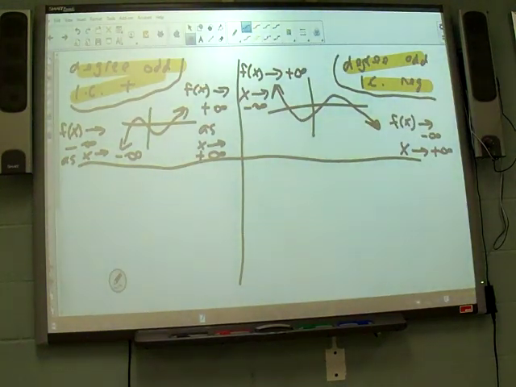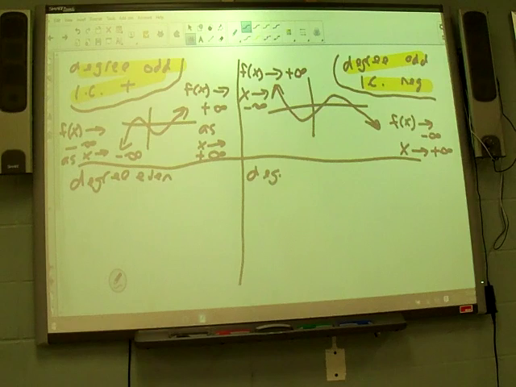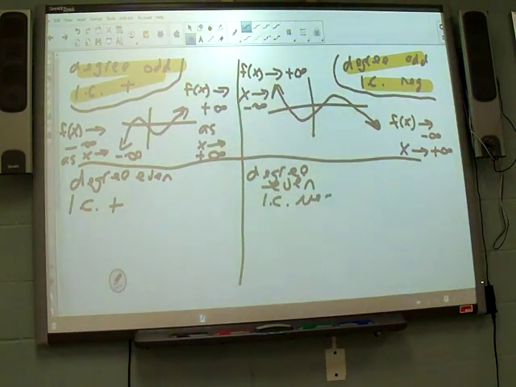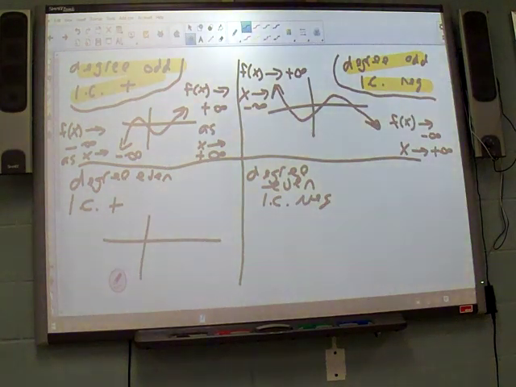Okay, the bottom two on our graph is going to be our even degrees. So I'll go ahead and write that in both of them. And then to stick with what we've done on the top, we'll put our leading coefficient positive over here and our leading coefficient negative over here. Alright, so if odd degrees made the ends go in opposite directions, what do you think even degrees will do?